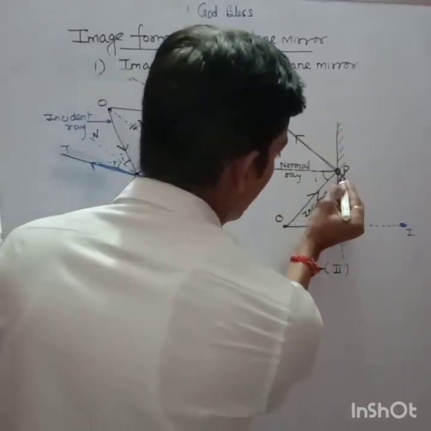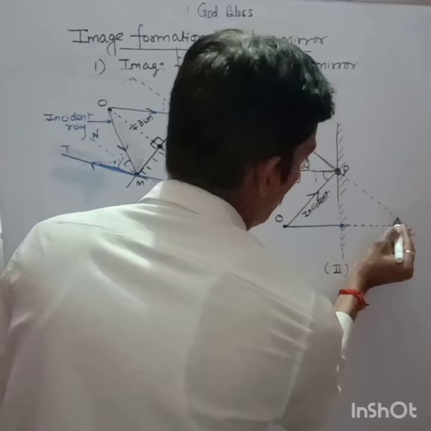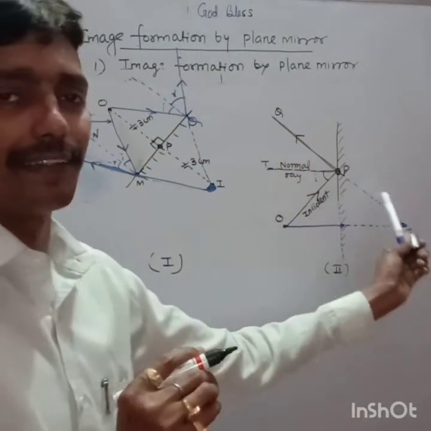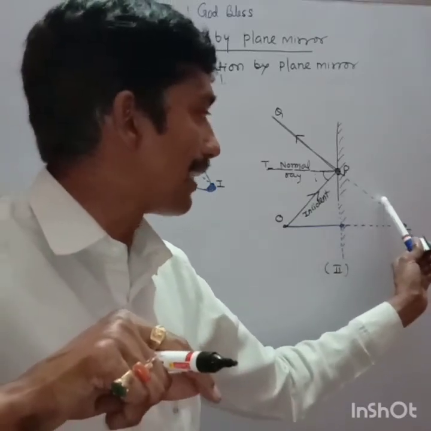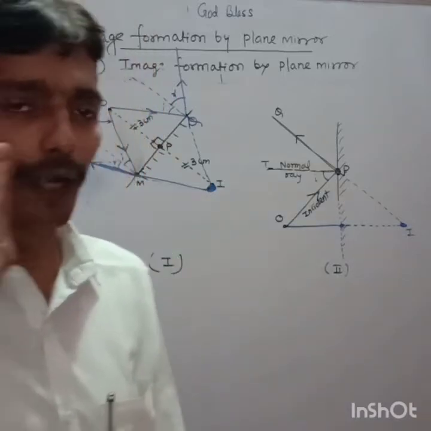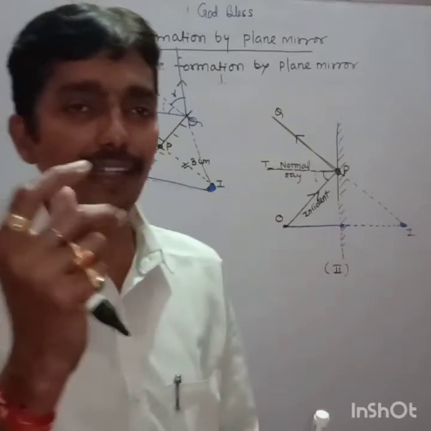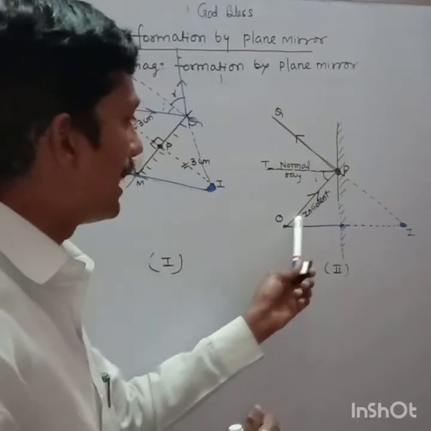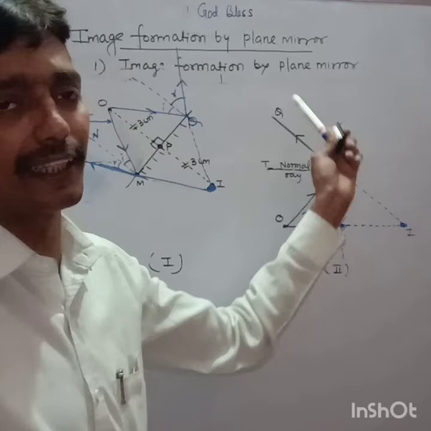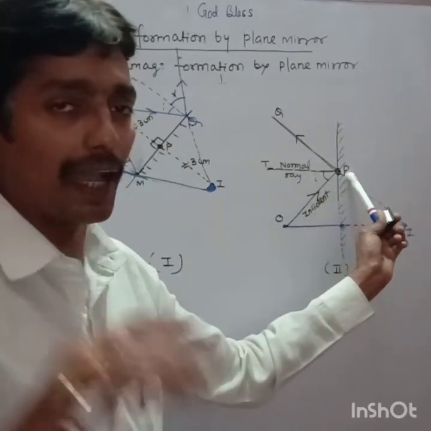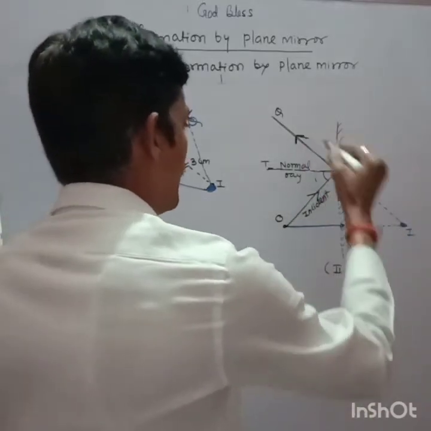And I extend this ray, as you know, inside the mirror, and where I had already drawn the line, I will make that line till point I. The reflected ray of OP is PQ, and with that I have produced it inside the mirror along PI. Am I clear? Along PI, you can see.